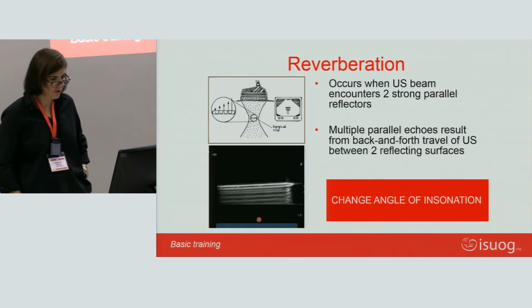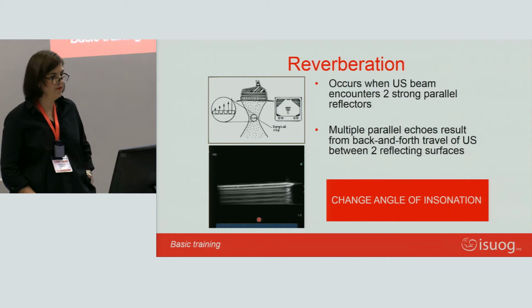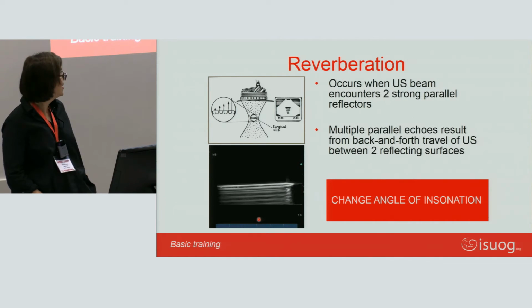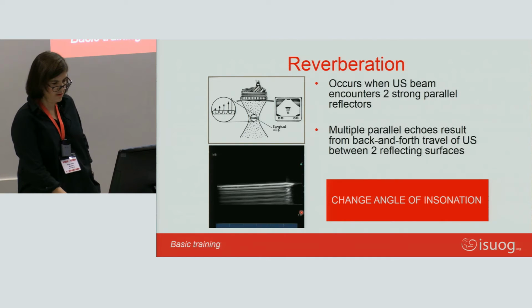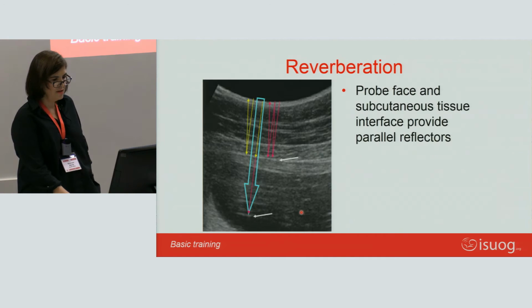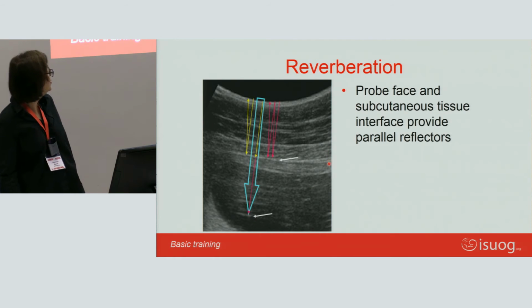Reverberation occurs when ultrasound beams encounter two strong parallel reflectors, and there are multiple echoes that pass backwards and forwards between these reflectors, creating the illusion of a second line. It's probably easiest to show you in this image.